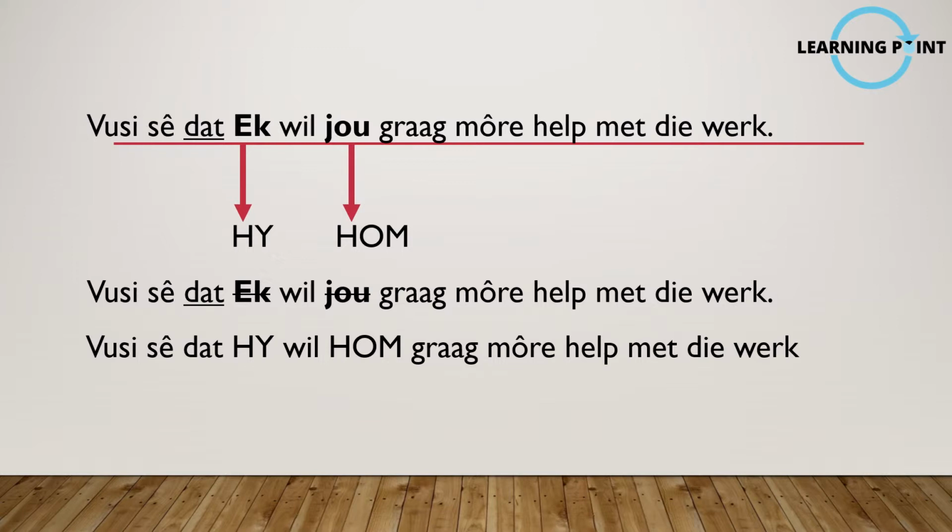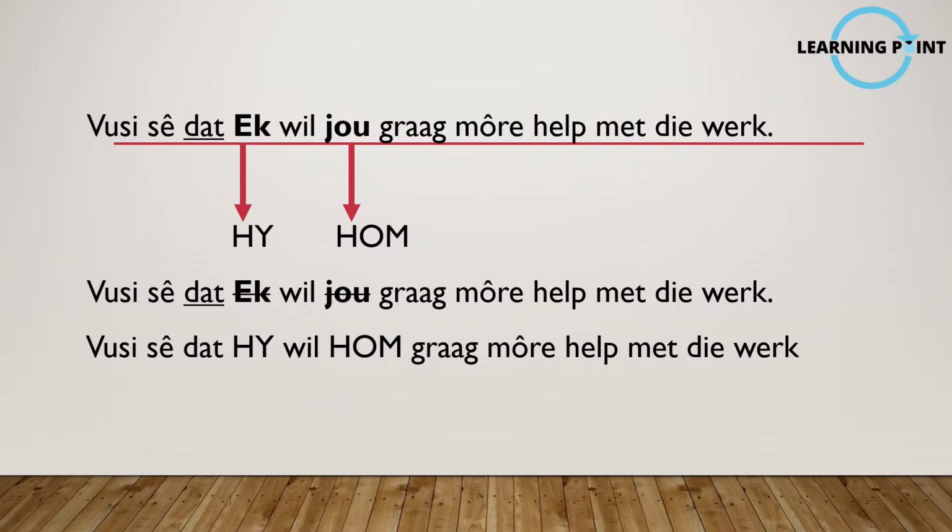So when we go back to our sentence, it would be Vusi sê dat ek would change into hy because Vusi is a boy. Jou, it changes into hom because it's a boy. So then you just take out those original pronouns and you put in hy or hom. So that's all we do for changing the pronouns. We didn't change anything else, just the pronouns in this step.